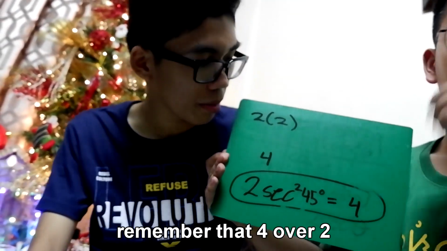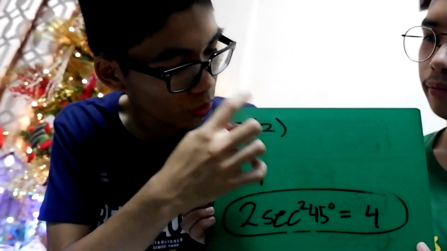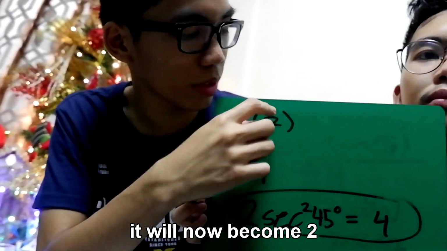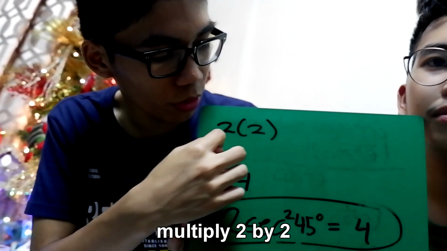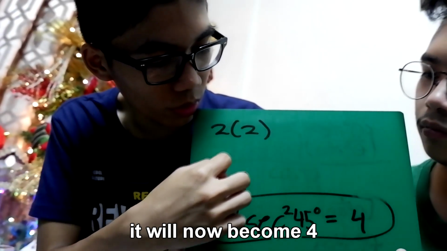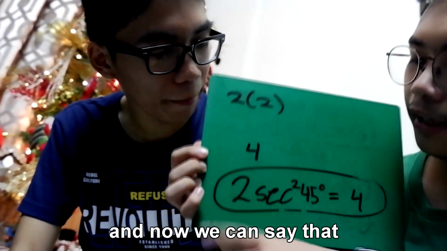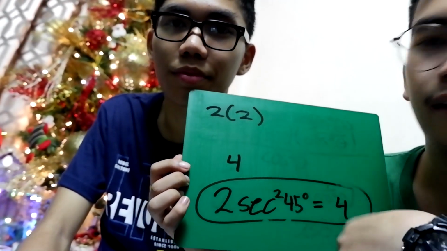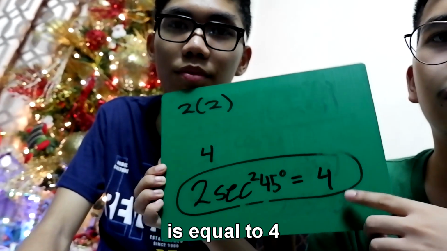Next, remember that if we divide 4 by 2, it will now become 2. So multiply 2 by 2, it becomes 4. And now we can say that 2 secant 45 degrees squared is equal to 4.